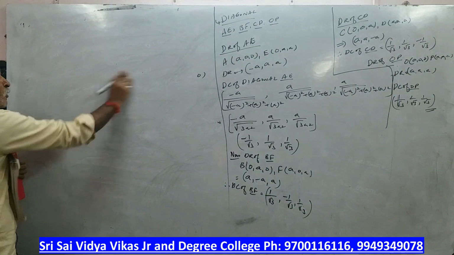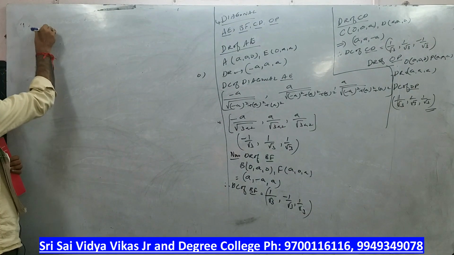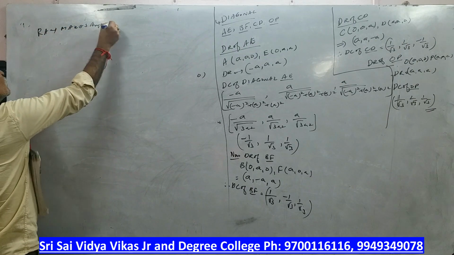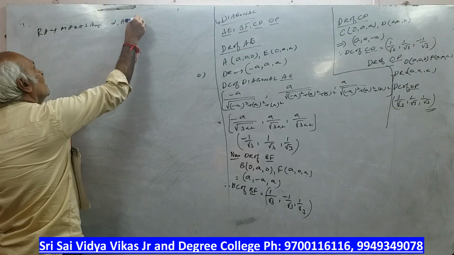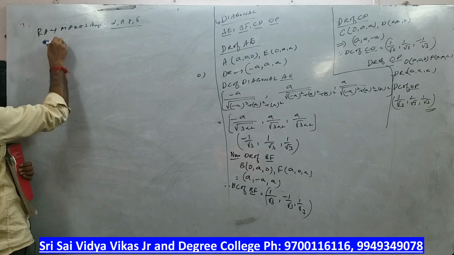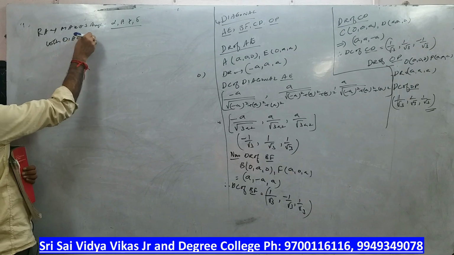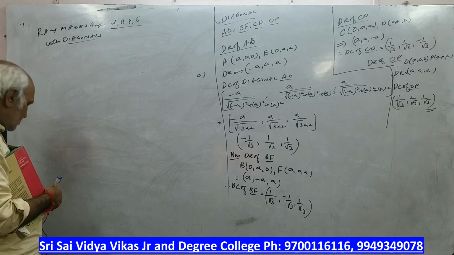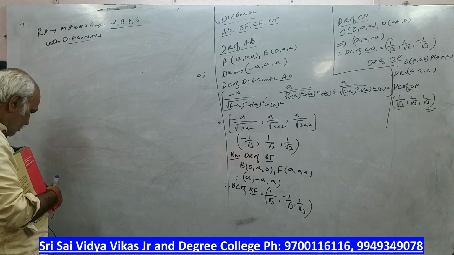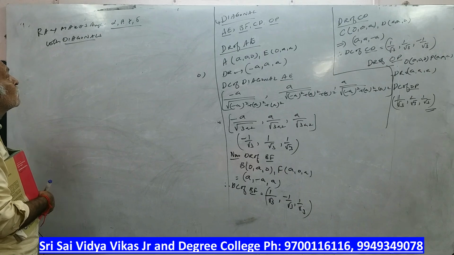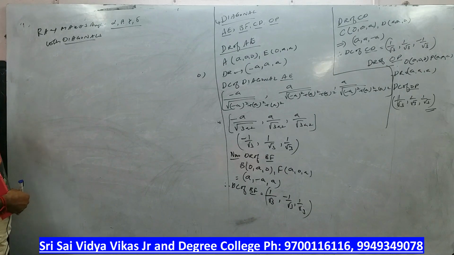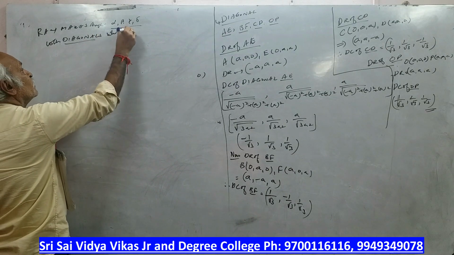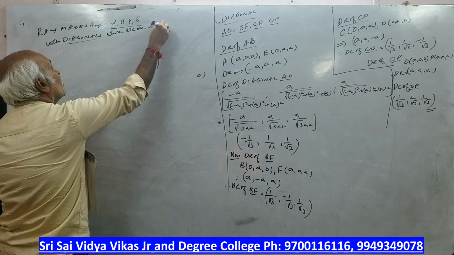Now, look here. A ray makes angles alpha, beta, gamma, delta with the diagonals, whose DCs are l comma m comma n.